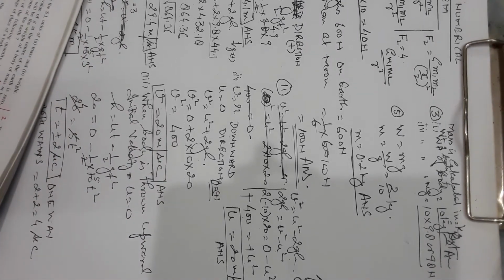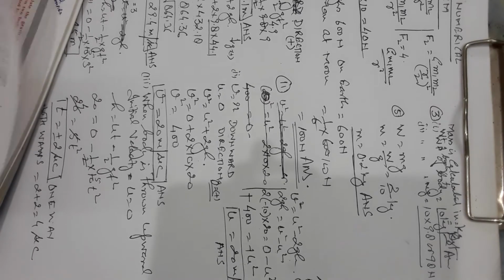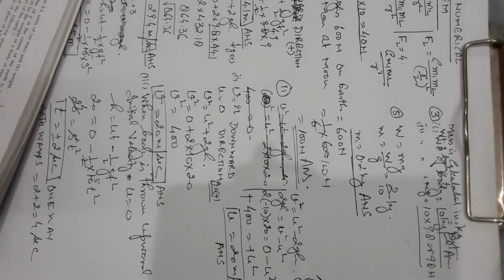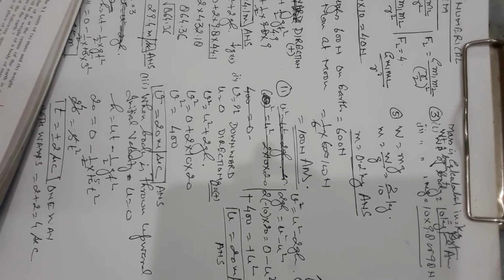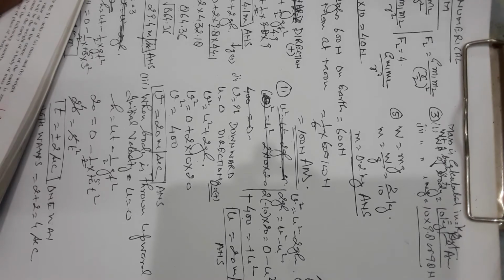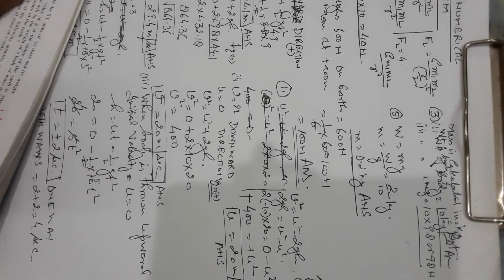Third part: the total time of journey of the ball. We have to calculate the time, so we have to search for a relation with time. The first one is v is equal to u plus at, which will not work. The second is v square equals u square plus 2gh, which will not work.